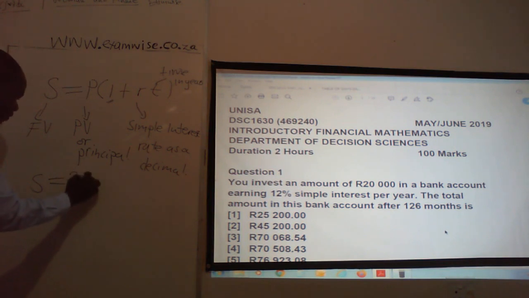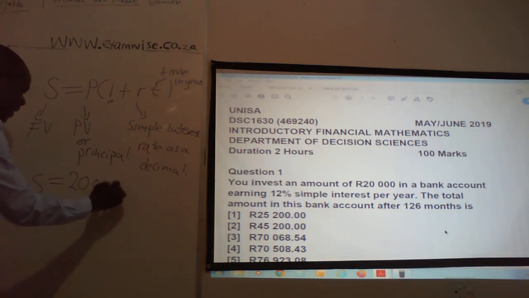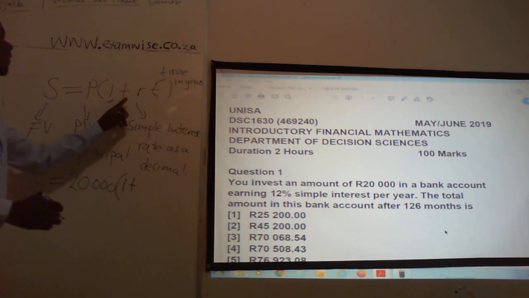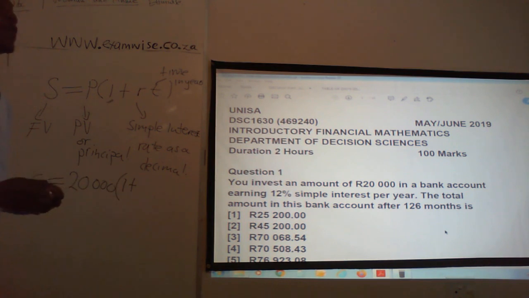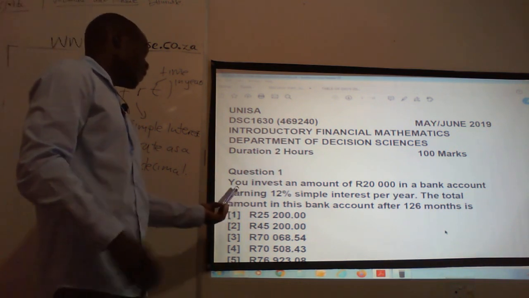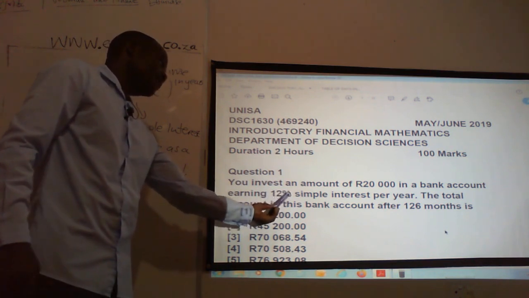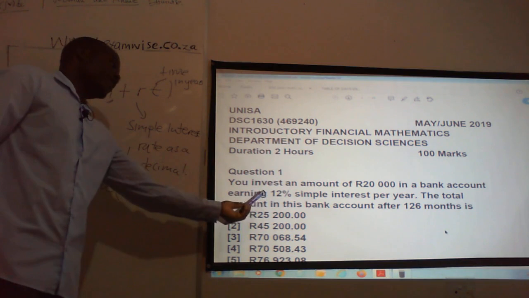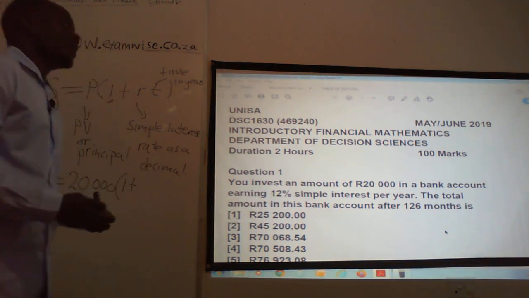So here we have our 20,000, then we open our bracket, then 1 plus R, where R is the simple interest rate as a decimal. Here we have earning 12% simple interest per year, so we have to convert our 12% to a decimal.